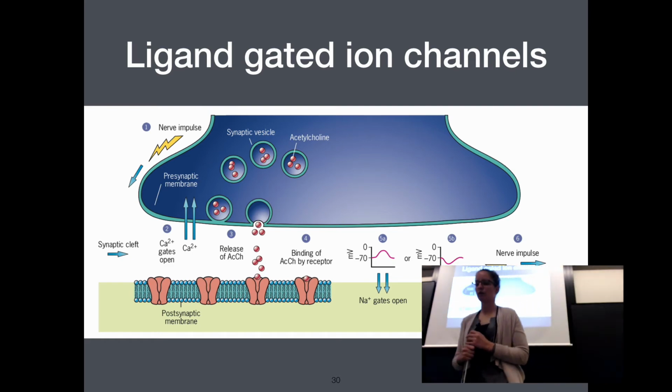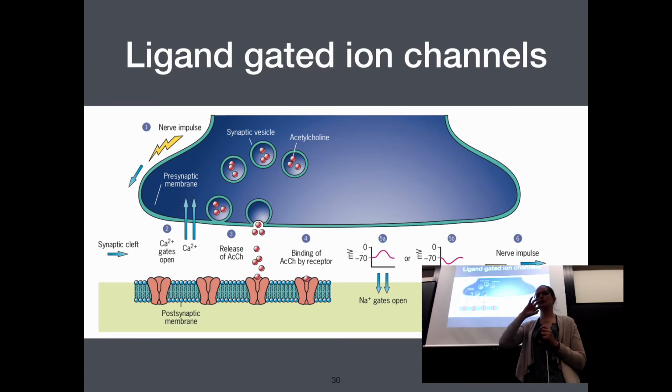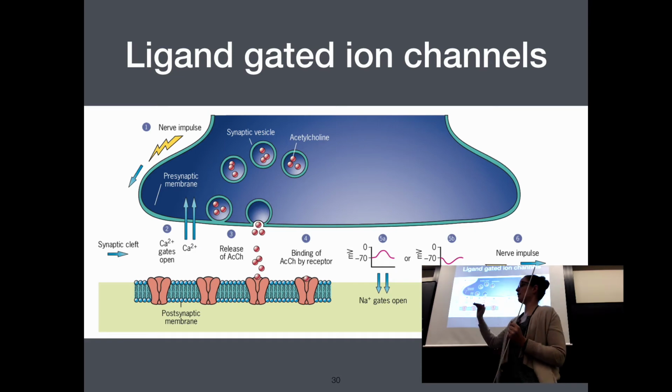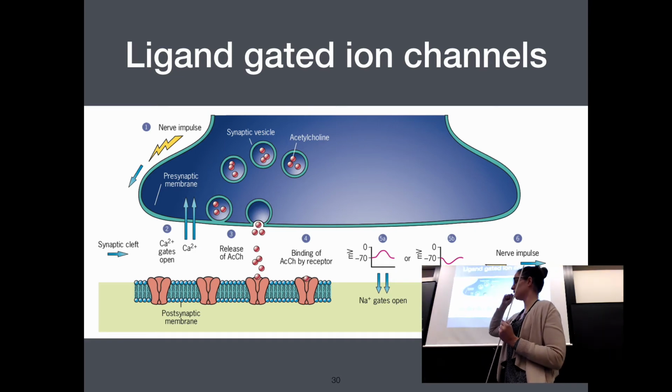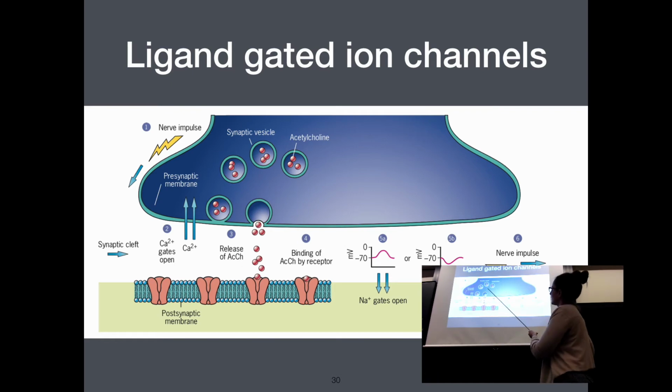I think you're all aware that the way brain cells, neurons, communicate with one another is through synapses. Basically, as I described with these voltage-gated channels, the electrical signal, the nerve impulse, is transported along the neuron through voltage-gated ion channels.